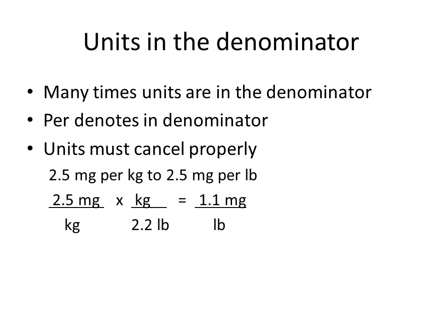Many times you need to do a conversion on a fraction that has a unit in the denominator. For instance, right here, this is a dosage: 2.5 milligrams of a drug per kilogram of the person. And sometimes you have to do a conversion in which you have a unit in the denominator.